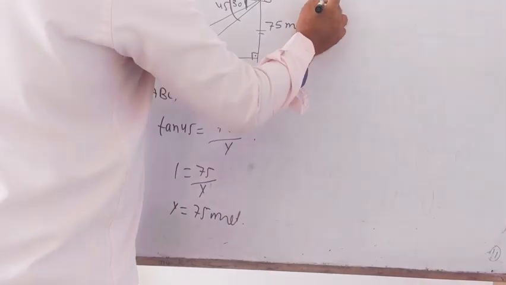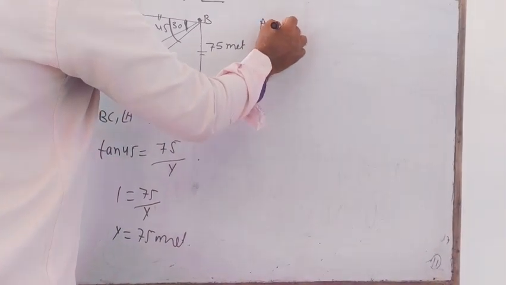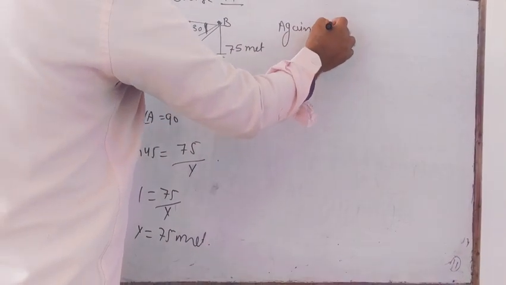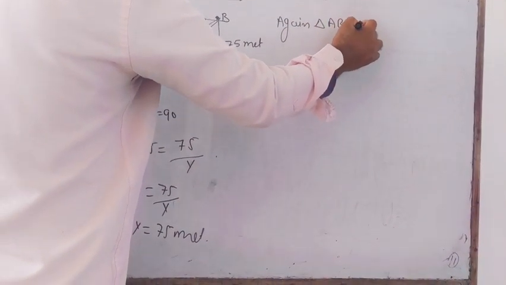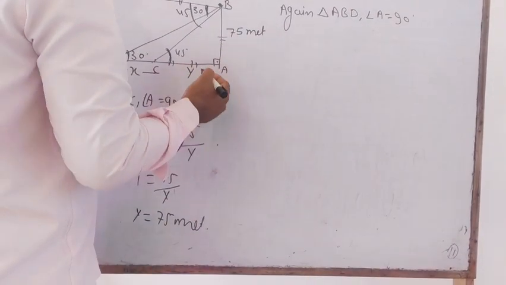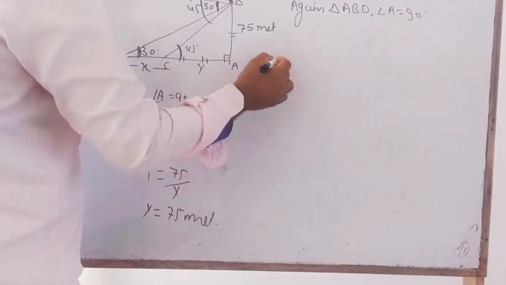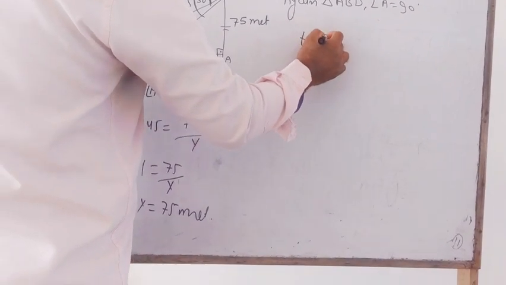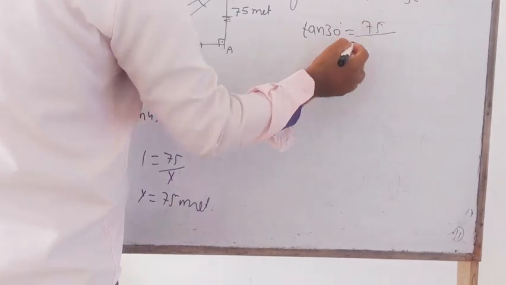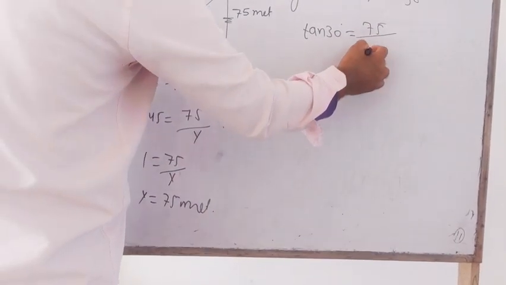Now again in triangle ABD, angle A equals 90 degrees. Then taking this angle, tan 30 equals perpendicular is 75 and the base is x plus y.